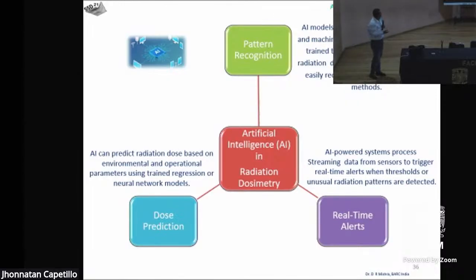Then dose predictions. Do I expect this much dose from this event? If I'm going from Earth to Moon, do I have any idea how much dose I'm expecting? So that I can cross-verify my dosimeter in between, whether the dose I'm receiving during the cruising period is really consistent with my prediction, or goes beyond that.